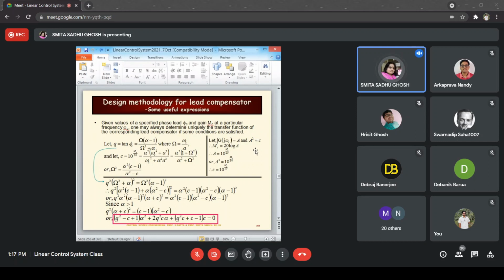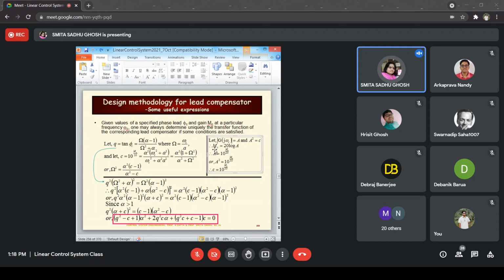So now, getting back to the notations that we had used, the gain that we require is denoted as MC, right? MC is the gain in decibels that we require from our compensator. So MC is equal to 20 log to the base 10 of the magnitude, that is A, right?